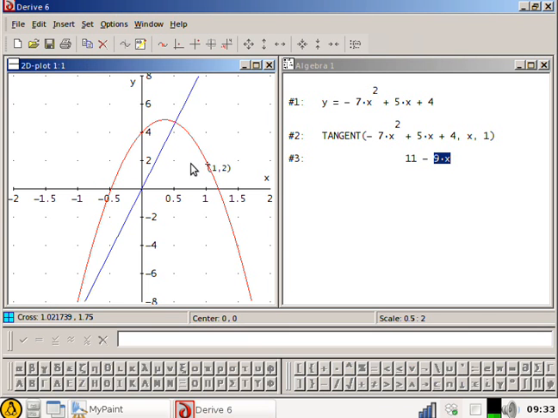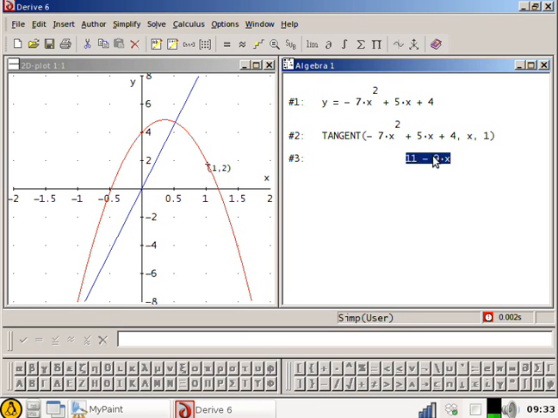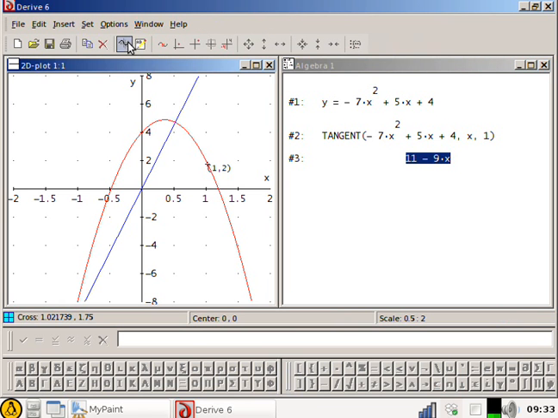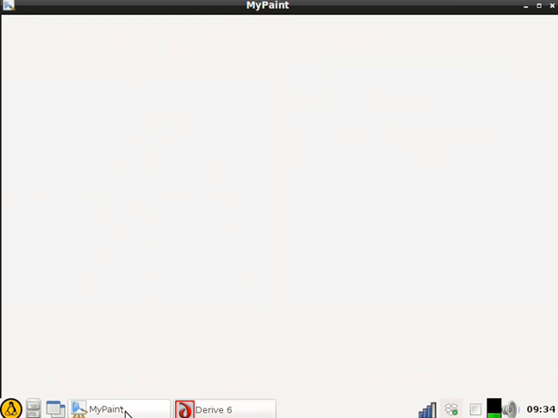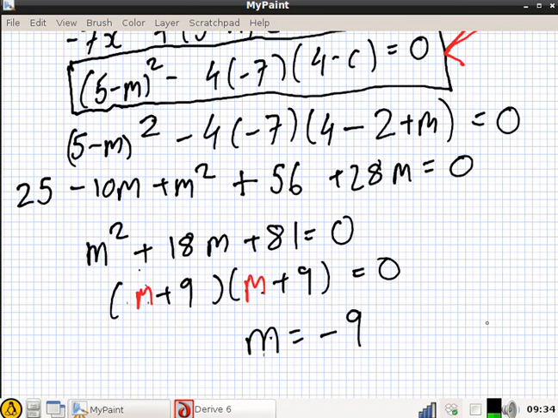Sorry, that's because I didn't highlight all of it. There we go, in black. So in black, that's the tangent line there.